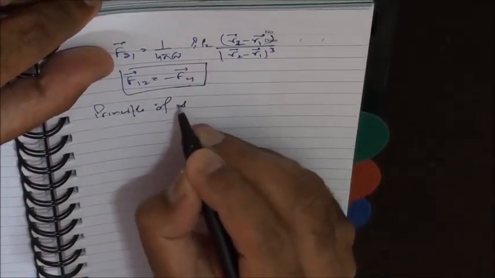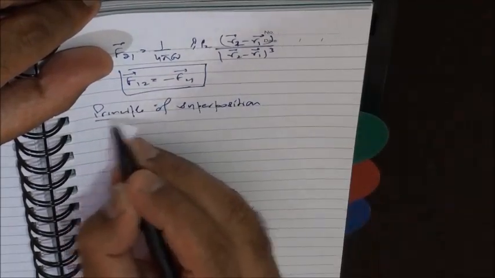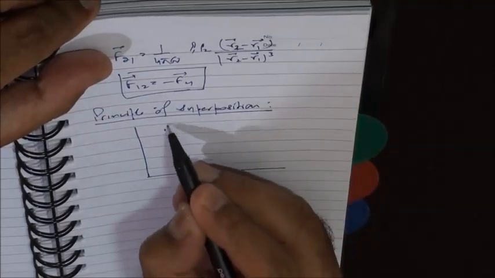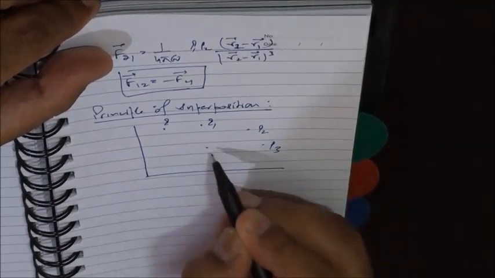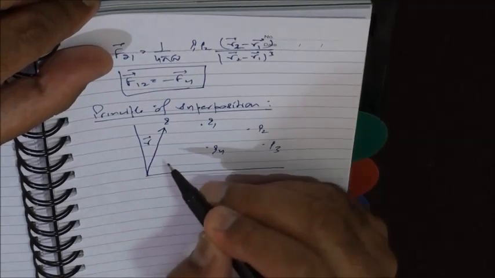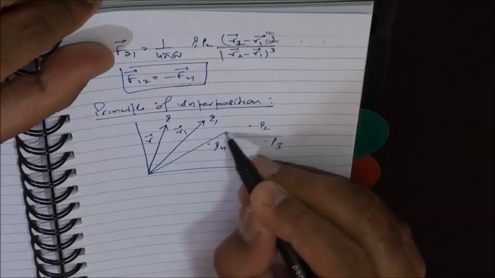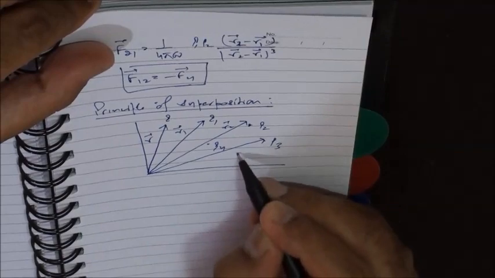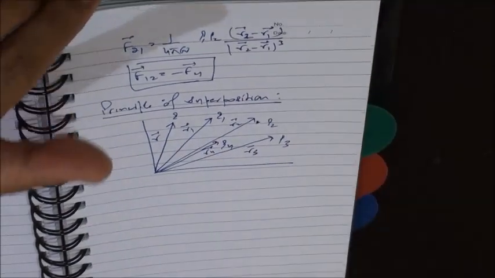Principle of superposition. What does it mean? Suppose I have Q, then I have Q1, Q2, Q3, Q4, so many charges with their position vectors as R1, R2, R3, R4 and so on.